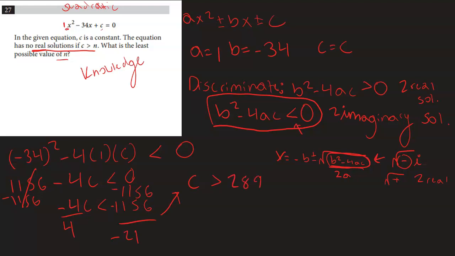Sorry, fudging with my calculator. And we flip the sign. So whenever you divide by a negative or multiply by a negative, you have to flip the sign, but that gives you c is greater than 289, and that's what they're asking. C is greater than n, so therefore n equals 289.